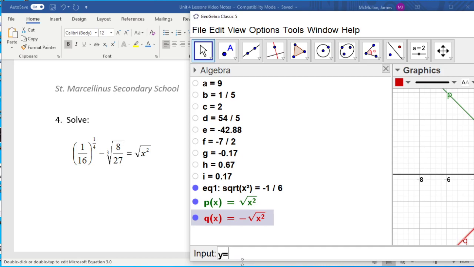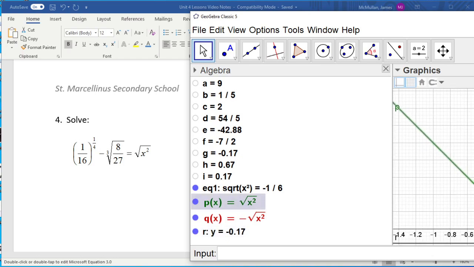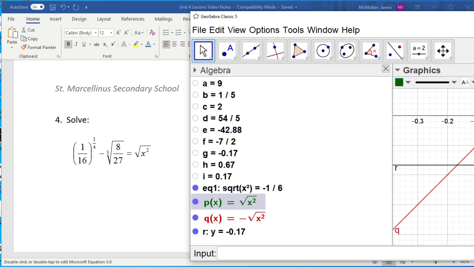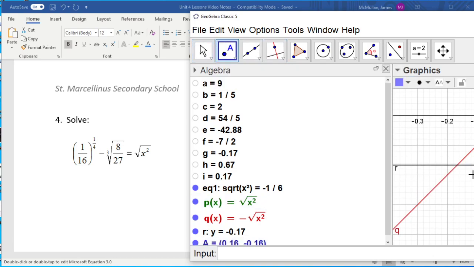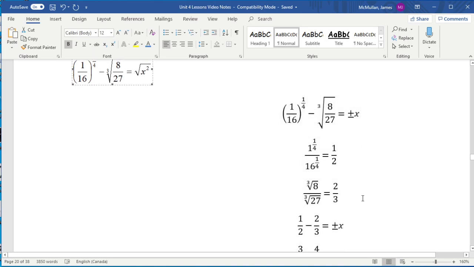So y is equal to negative 1/6. And you can see there are two answers, one at positive 1/6 and one at negative 1/6, right? Now again, this is true, but it's not really the focus of our attention here.